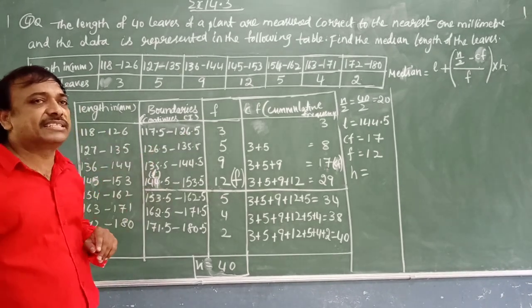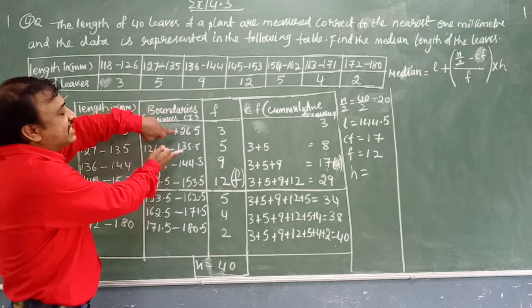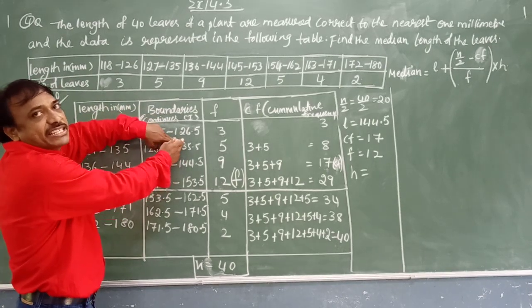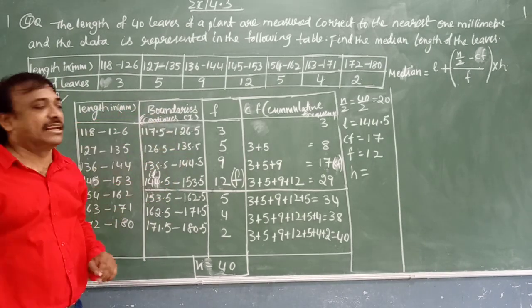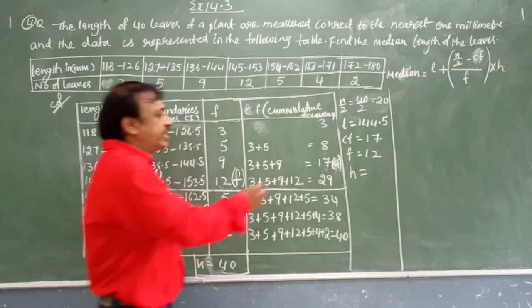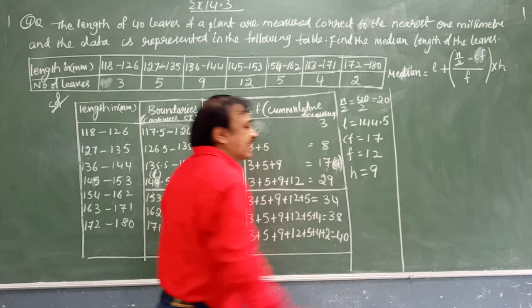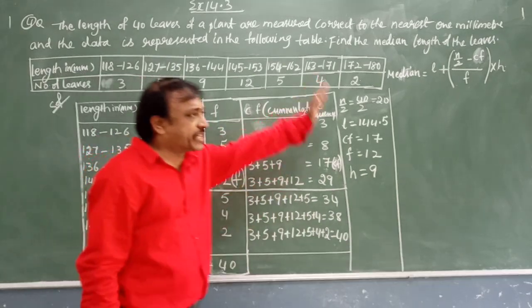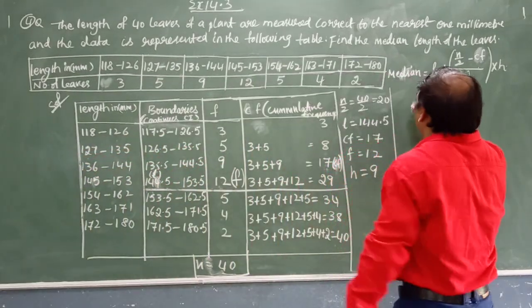Or else you can calculate the difference of these two. So here H is equal to 9. Substitute these values in the formula.